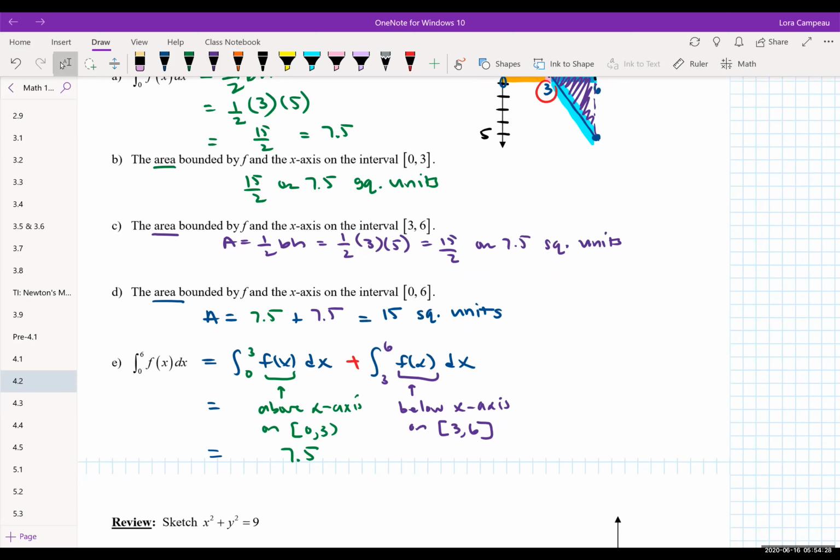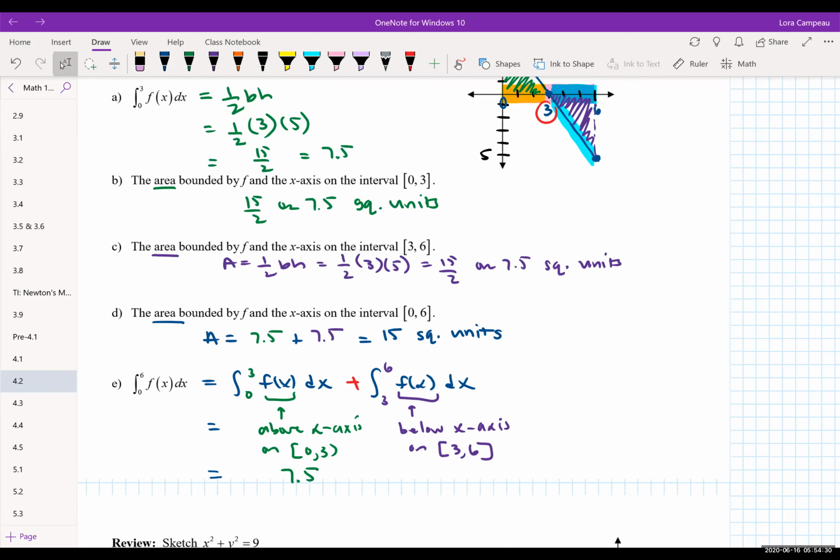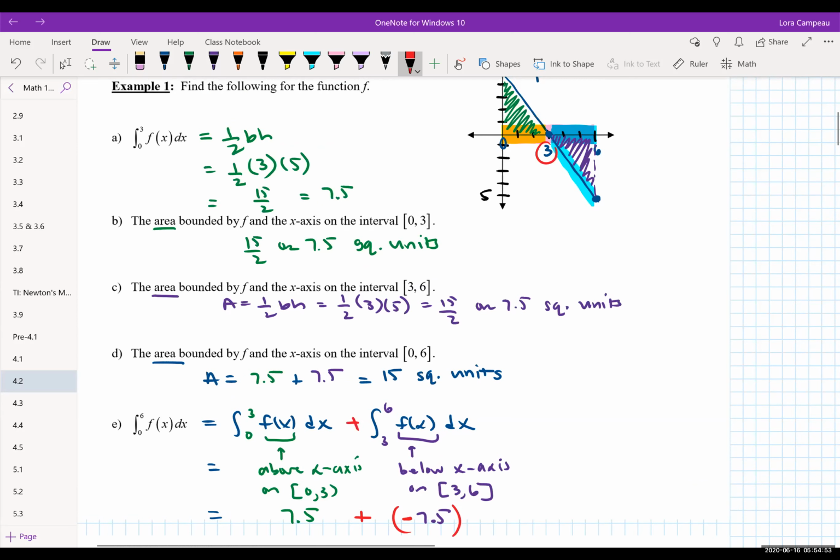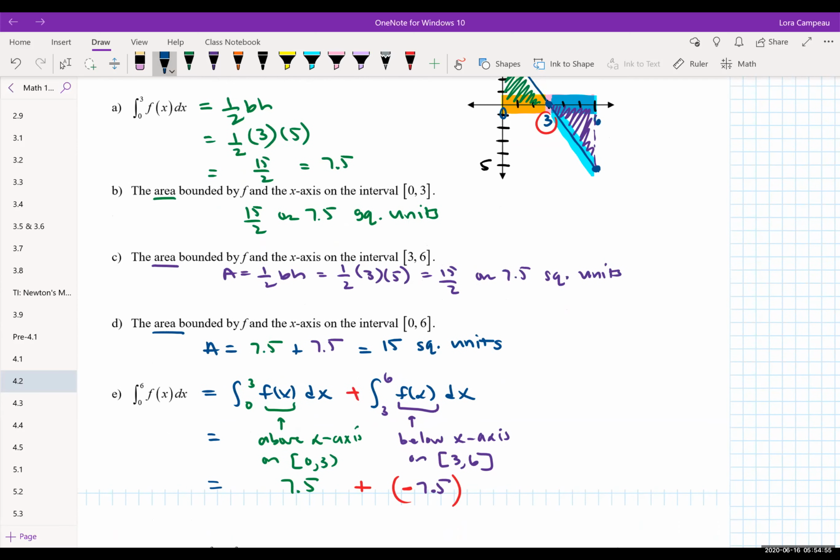You could still look at it as area, but because it's below the x-axis, all the y values are negative. So you can look at the area as 7.5, but it should have a negative attached to it in this sense. So if I add negative 7.5 and 7.5, I get 0 for the integral.